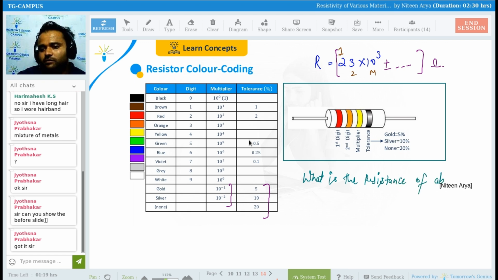After the multiplier, you can write the tolerance either as plus minus percentage or as 0 point something. Again, first digit is the first significant figure, second digit is the second, third is the power of 10 multiplier, and then tolerance is simple: gold, silver, none. So tell me the resistance of this.